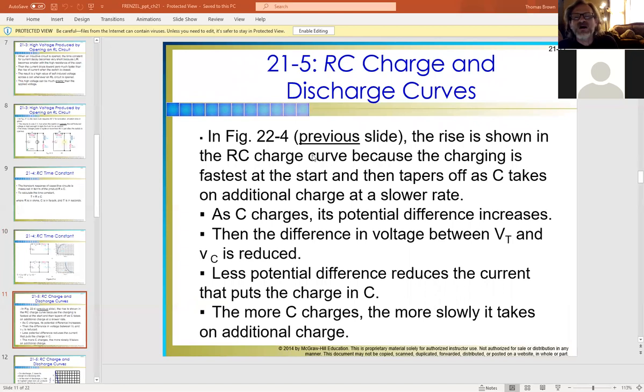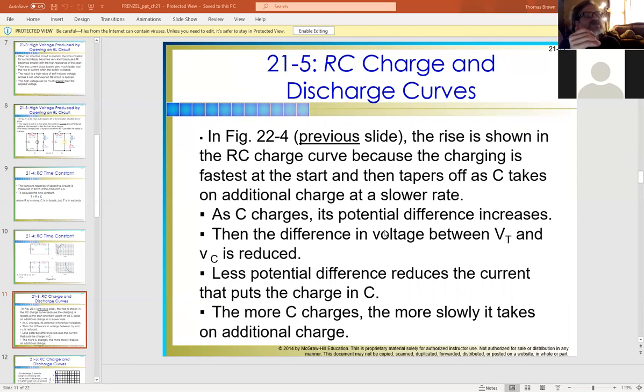So the rise is shown in the RC charge curve because the charging is fastest at the start and then tapers off as C starts to get to the full potential of its charge. As C charges, its potential difference increases, as it reaches that first point, that 63 volts.